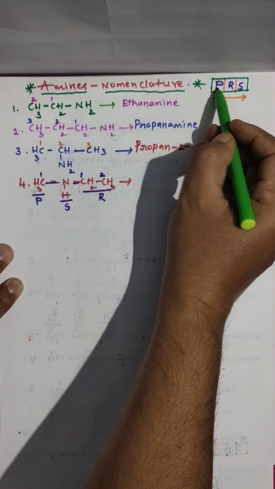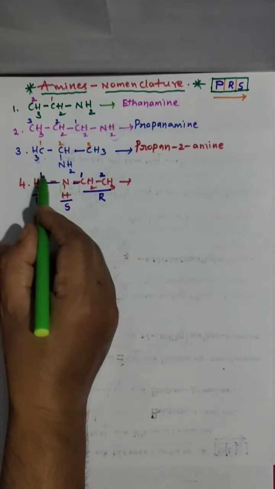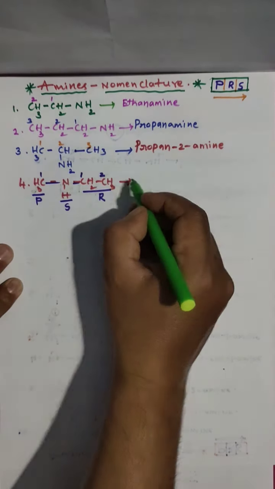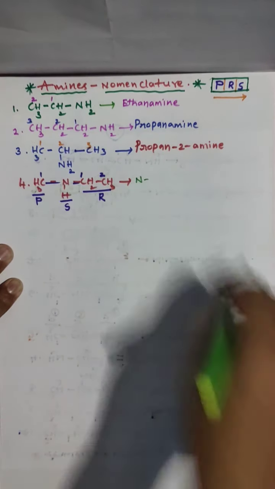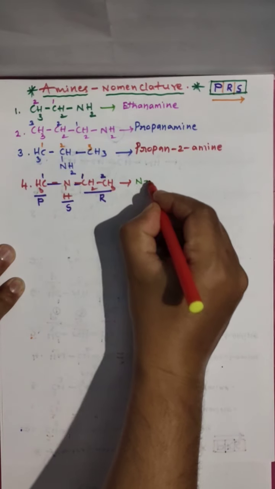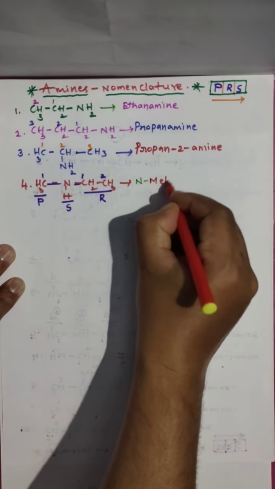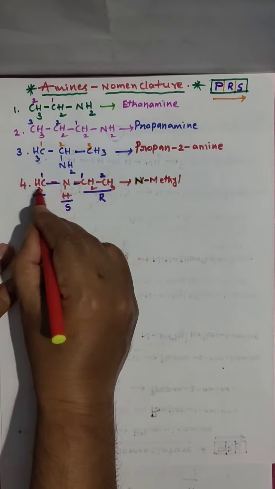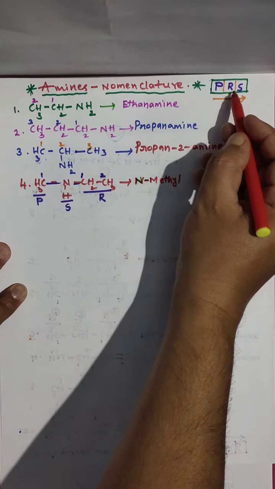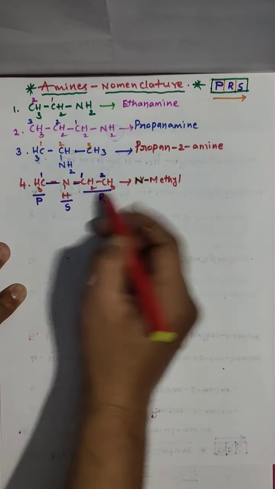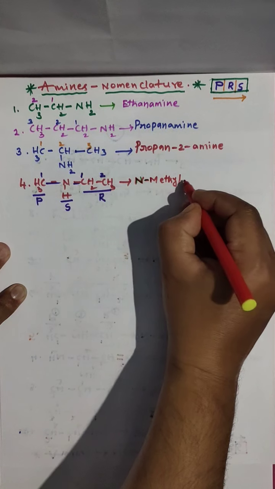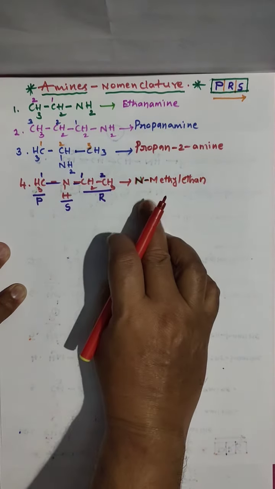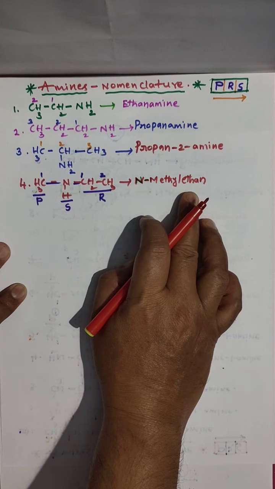PRS system. P means prefix. Which is the prefix? The methyl group. This methyl group is bonded with N, that's why N-methyl. Prefix completed. Root word: which is the root word? This one. How many carbons? Two carbons, so ethane.